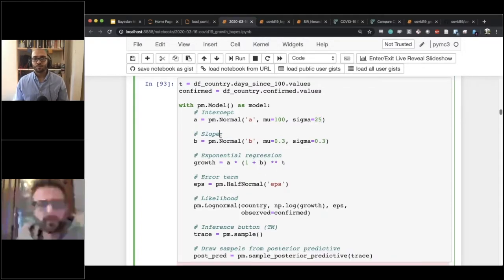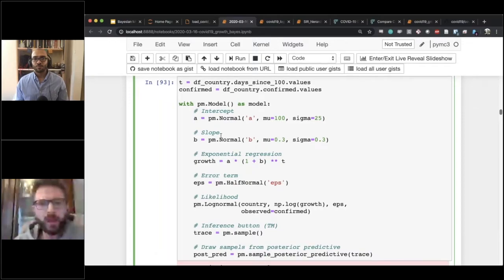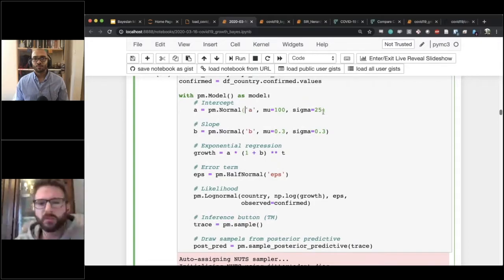And then the second parameter is the slope. And again, I'm just placing a prior distribution on that. The first argument is always the name and then the parameters of that distribution. And so here I'm going to choose a normal distribution as well. That is a pretty natural choice, but of course you can make different choices. And here, this is going to be the growth rate of the spread of COVID-19.